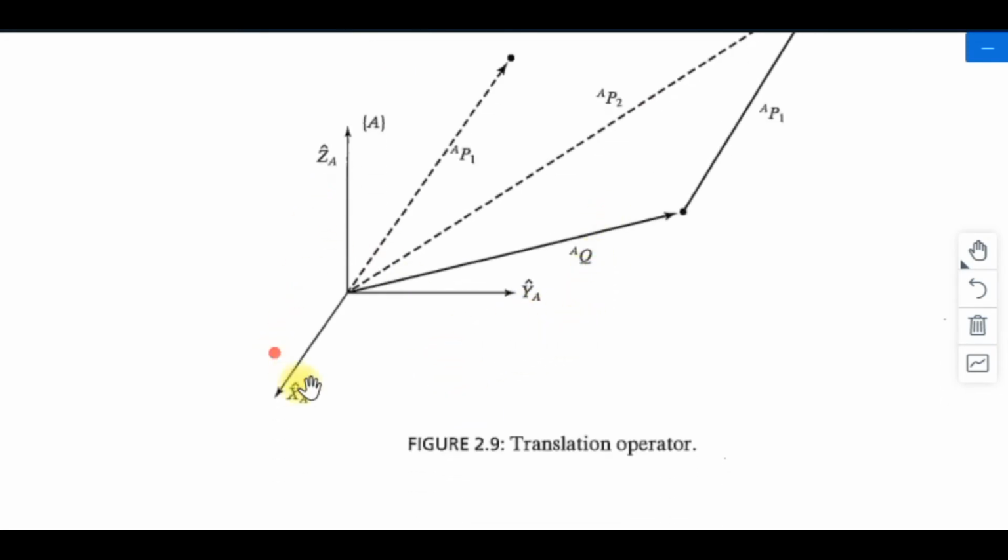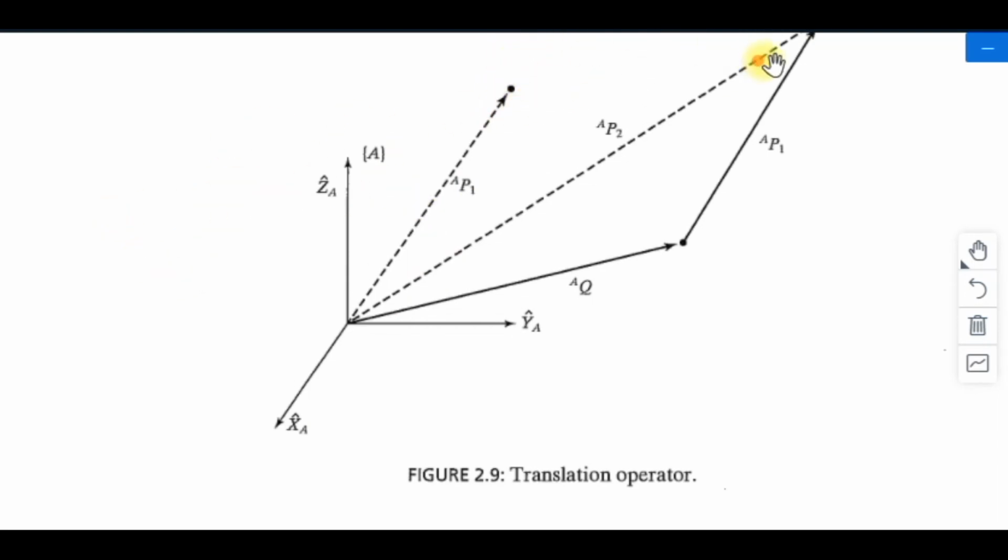So it's clear that either the point is translated or the vector is moved.